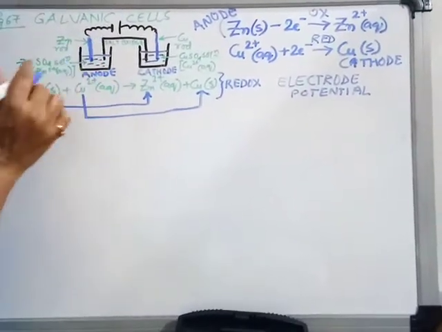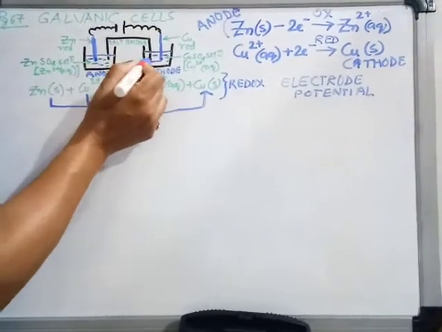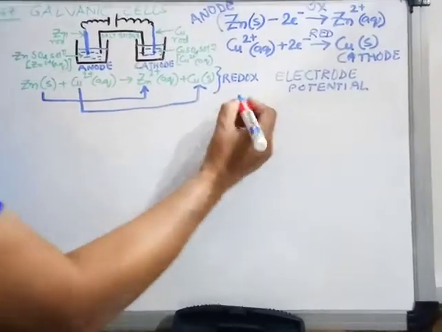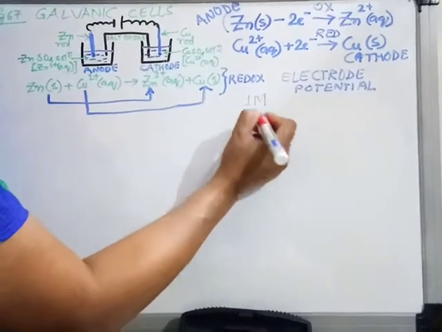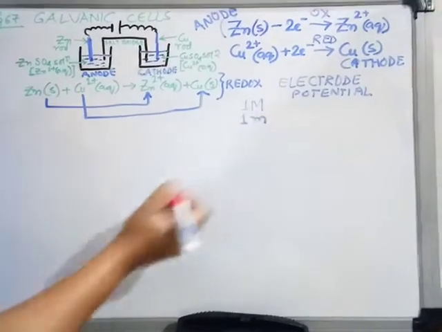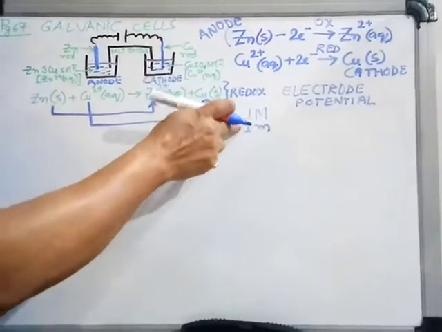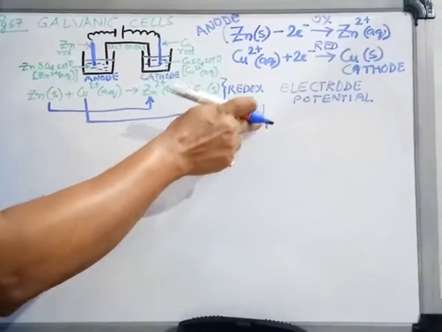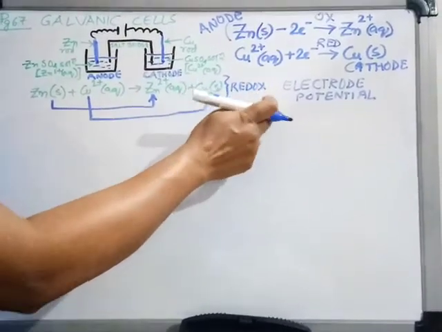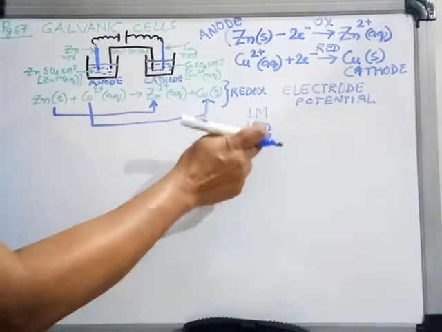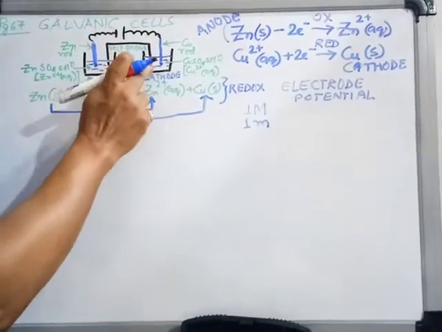Now if the concentration of the solution I am preparing is unity, say a 1 molar solution or a 1 molal solution, in whichever way I measure, the concentration is always 1.